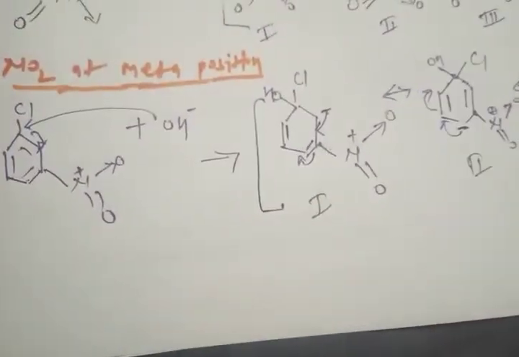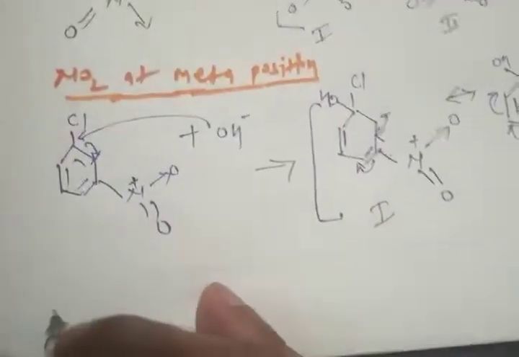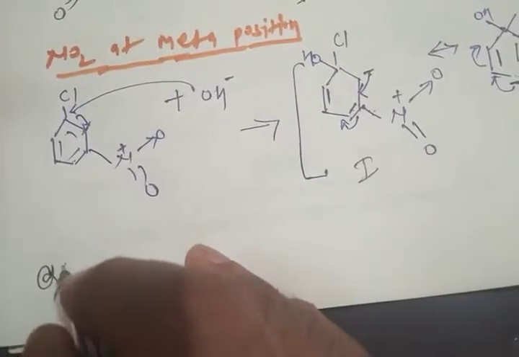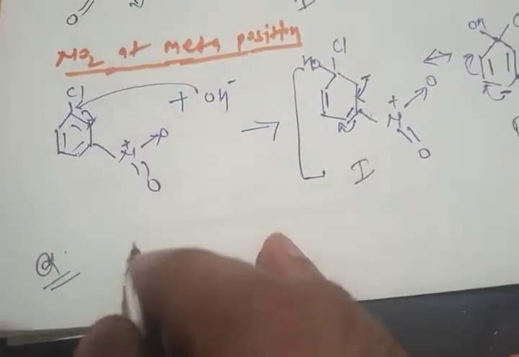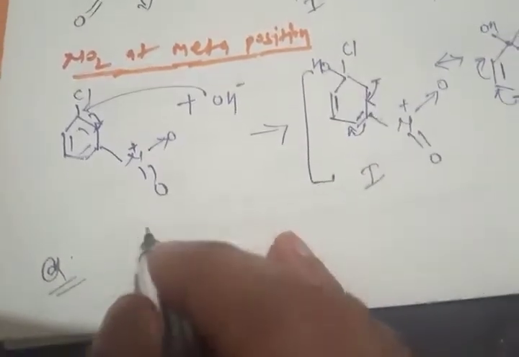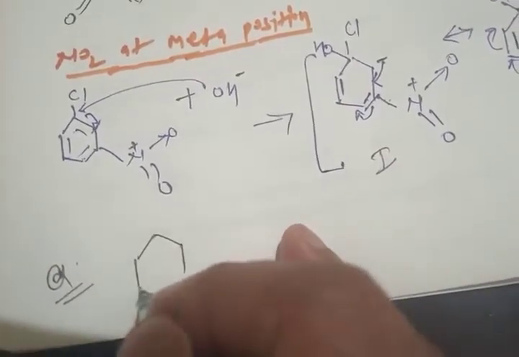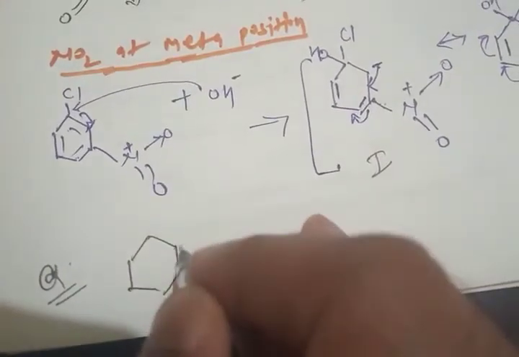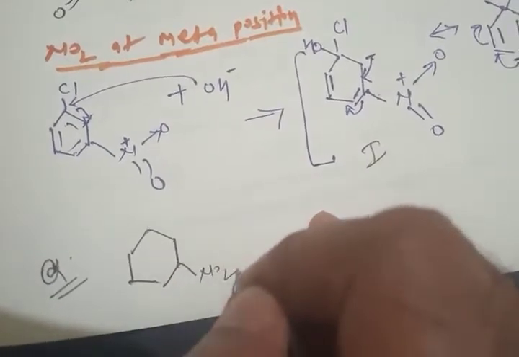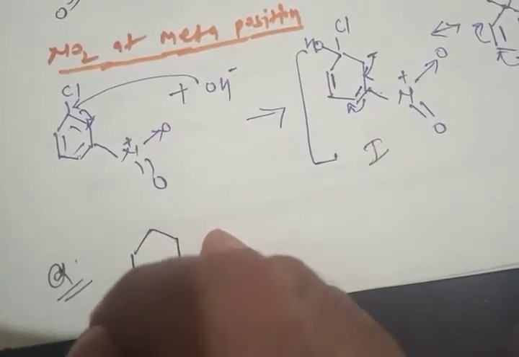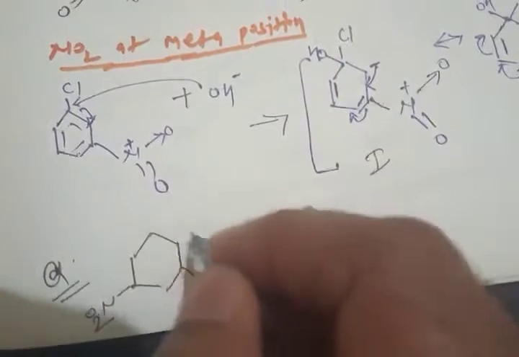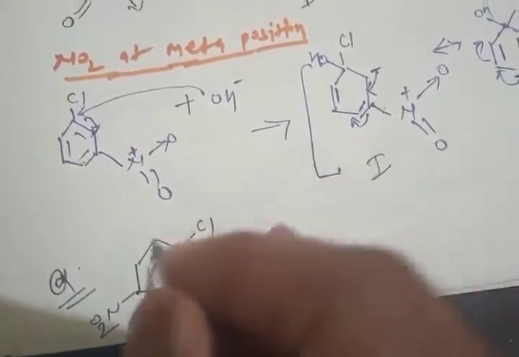So we will end this session with a simple question. Just complete this reaction. I'm writing it in the bottom line. Okay, so we need to complete this reaction: we have NO2 here, and we have NO2 here, and we have Cl here.